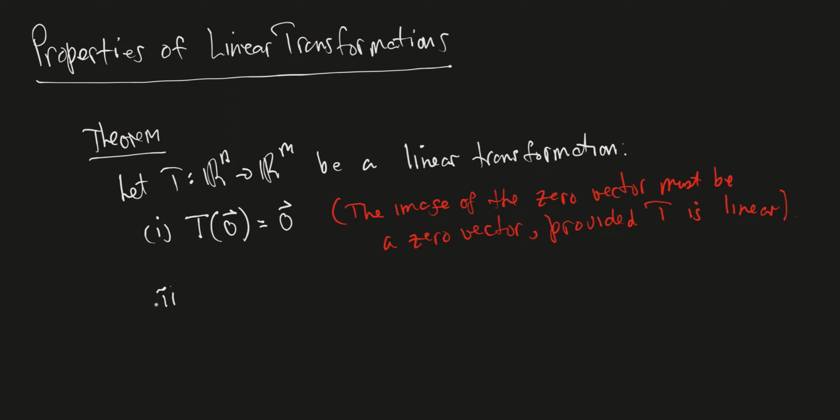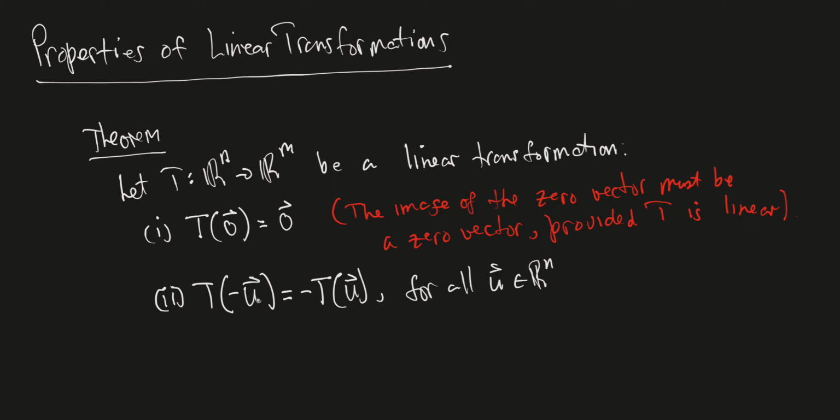Another property is that if we take the transform of negative u, that will always be the negative of the transform of u, and this is for all u in Rn.